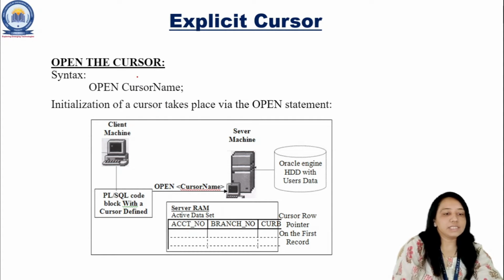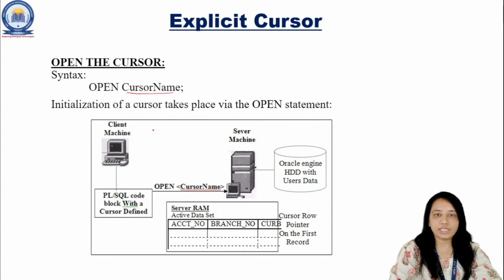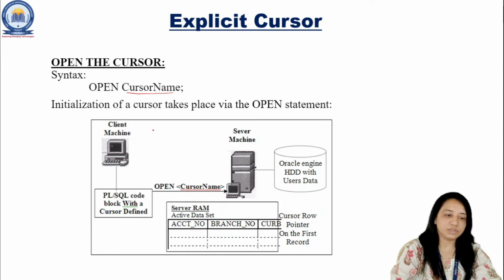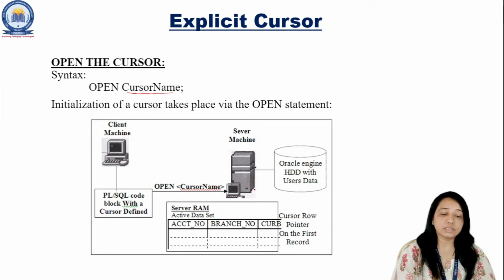We'll start with what happens when you run the open cursor command. The syntax is the OPEN keyword followed by the cursor name, for example user_explicit. The cursor is initialized with the open statement. Whenever the open cursor statement occurs in the PL/SQL code written at the client side, the server gets the data according to the cursor's select statement.